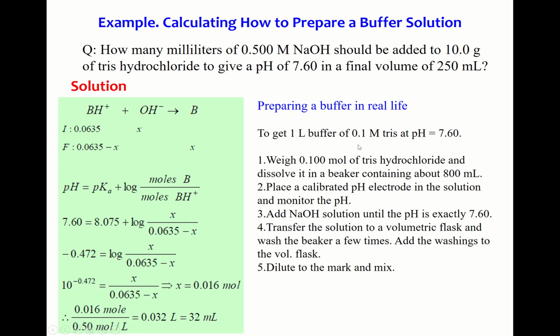The question is how many milliliters of the sodium hydroxide should be added to this tris hydrochloride.